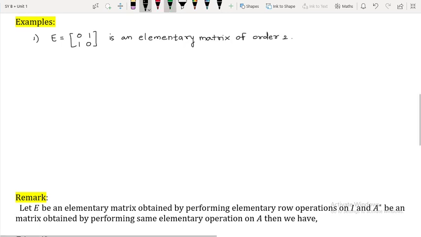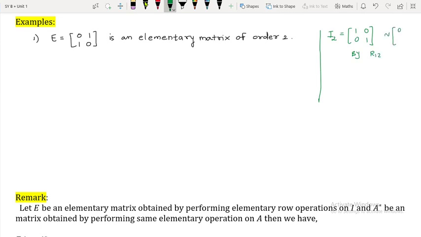Why? I will write down the reason over here. Since it is obtained by performing what? I have I2 as 1, 0, 0, 1. Which operation have I performed? R12, and what did we get? We got 0, 1, 1 and 0, and therefore it is an elementary matrix.